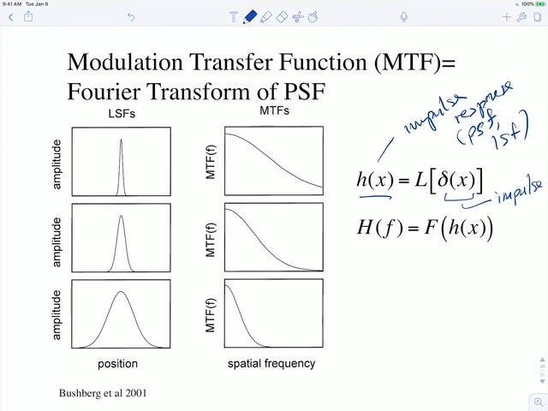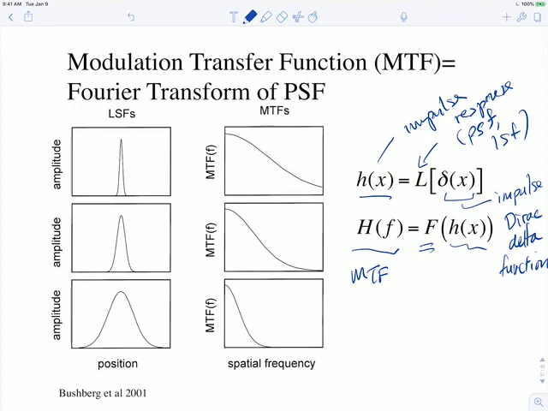And here we're introducing the notation for what's called a Dirac delta function. It's saying I put my delta function through some system, L, and my output is simply my impulse response. And now I'm saying my h of f, which is my modulation transfer function, is going to be the Fourier transform of my impulse response.